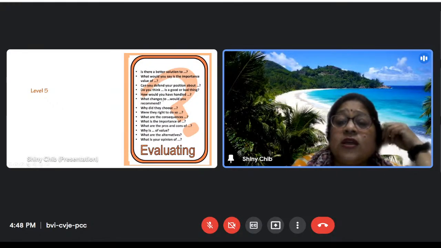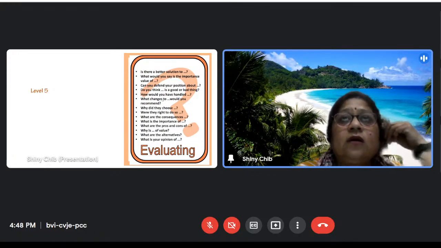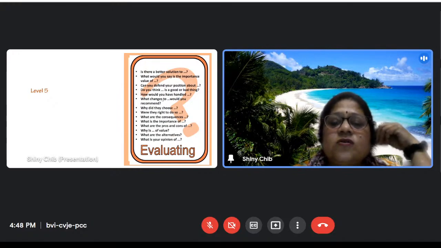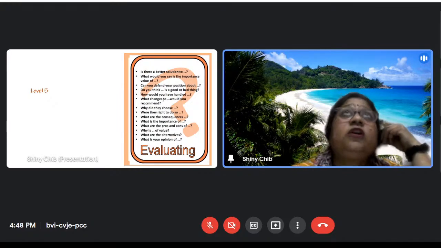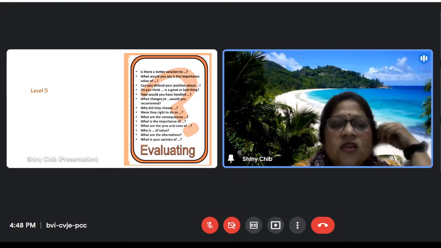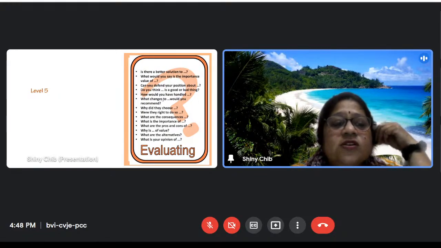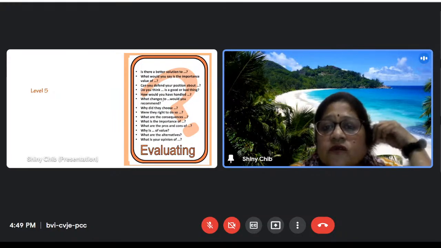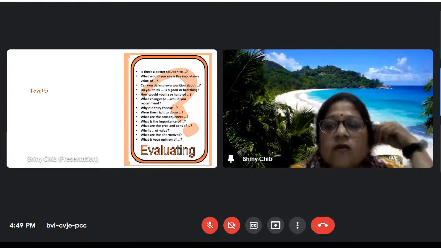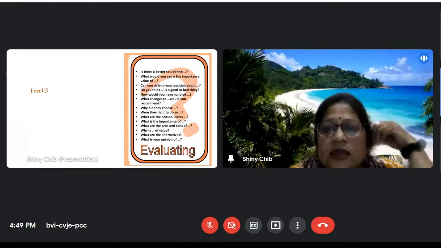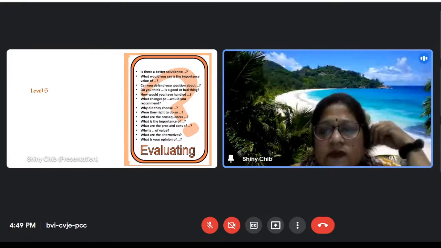Or for example, if you want to take a decision, what are the steps involved in taking decisions? Any general decision. What are the steps? The first and foremost step is identification of the problem. Identify, analyze, then frame the alternatives.